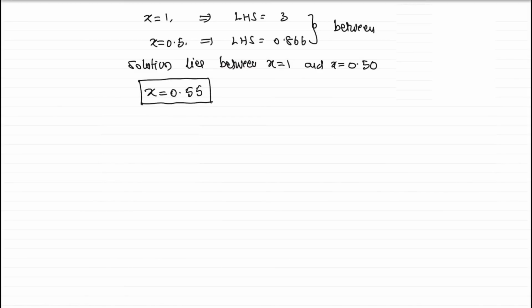Now, the solution for x into 3 to the power of x plus y into 7 to the power of y is equal to x to the power of y: the answer is that x is equal to 0 does not have any solution.